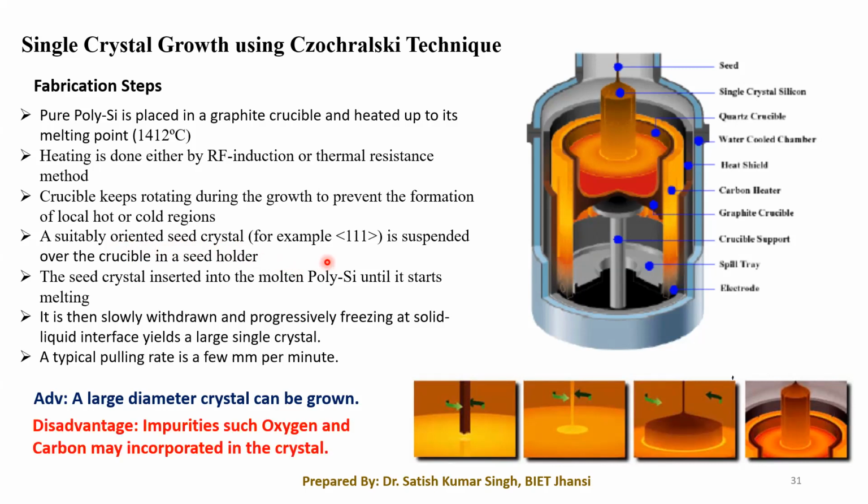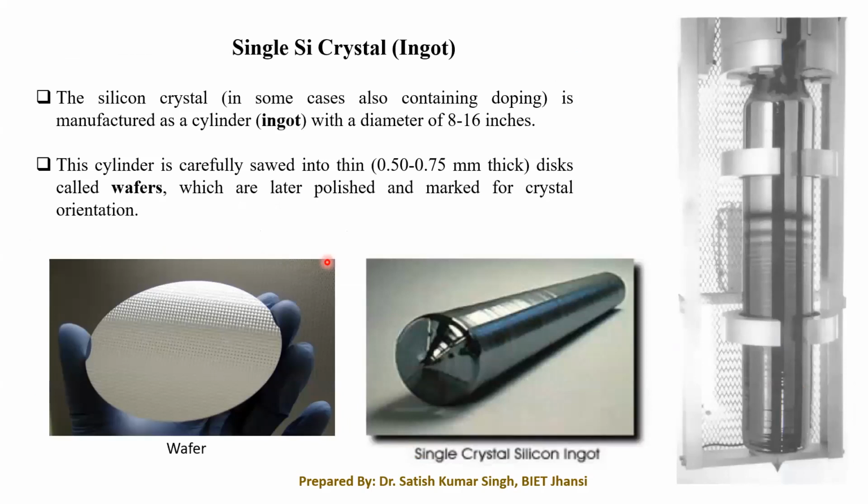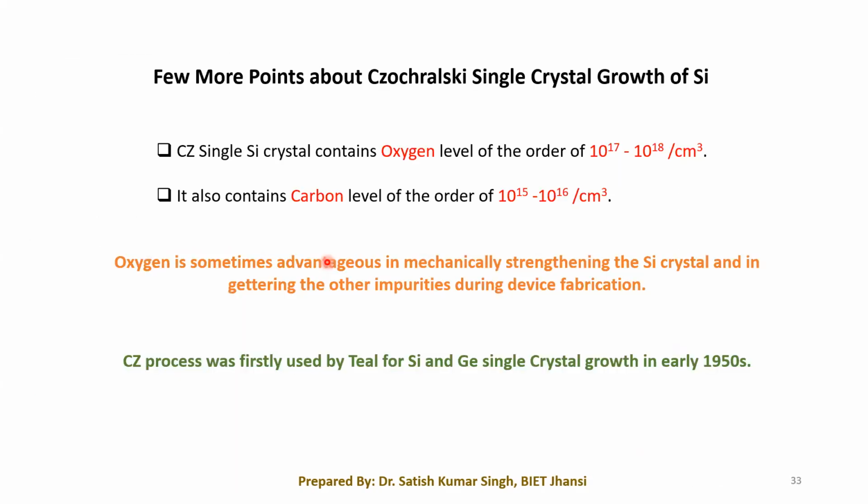As I told you about the impurities that could be added in the process of drawing the ingot, that was your oxygen and your carbon. The carbon and oxygen will be incorporated while drawing the single silicon crystal, because it is done using the molten state of the silicon, and the crucible in which the molten silicon is present is itself made of SiO2, silicon dioxide.